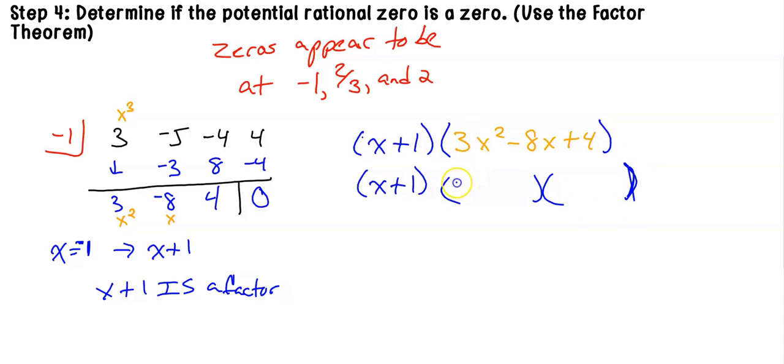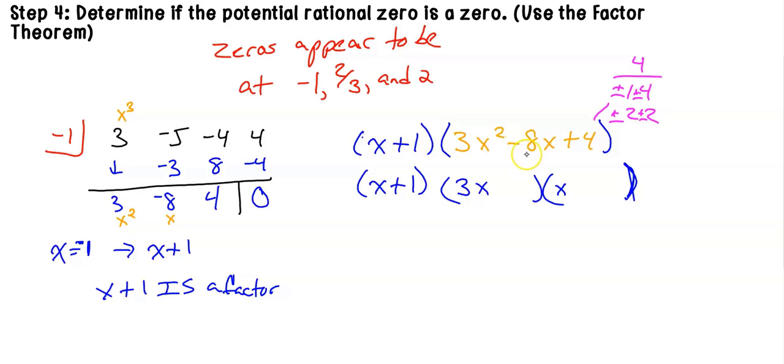So I know 3x squared has got to be 3x and a single x. So with 4, our choices are going to be 1 and 4, 2 and 2. Those are the factors of +4. Also, it could be plus or minus on both of them.